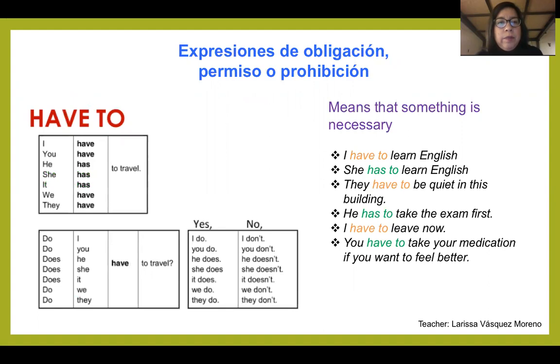Here, the auxiliary verb have remains the same for all the pronouns, and so does the main verb expressed in infinitive. So in questions, we would say, do I have to travel? Does he have to travel? Does she have to travel? Do they have to travel?